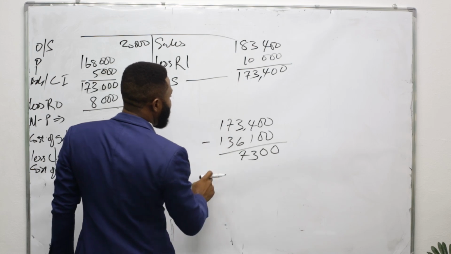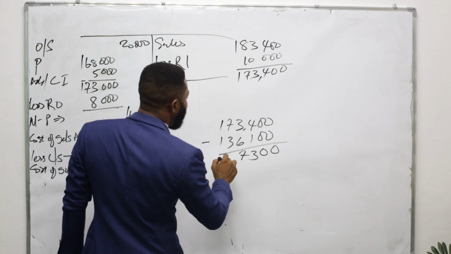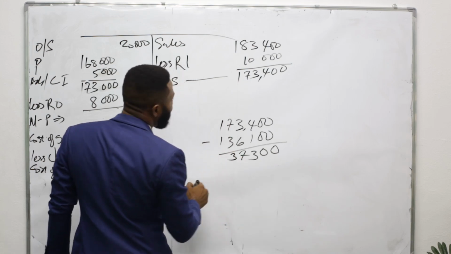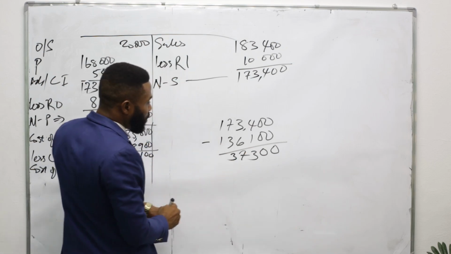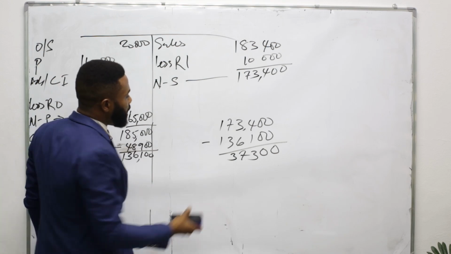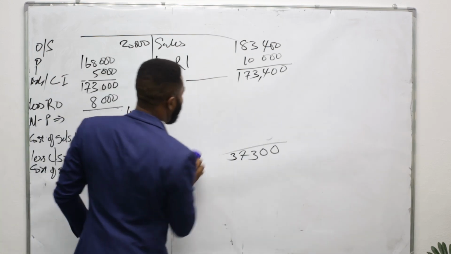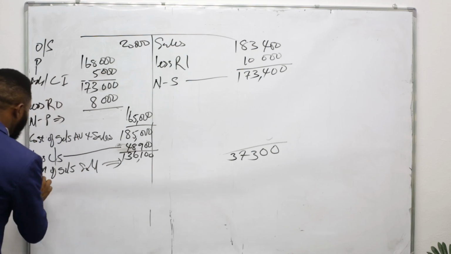Now 6 will remain here. 3 minus 6 is 3. So your answer here is 37,300.